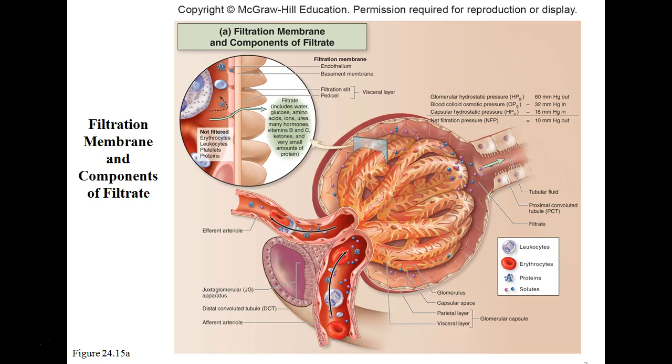So we're talking about net filtration pressure, and again there's that equation up in the upper right showing that net 10 millimeters gained. This blood pressure within the glomerulus pushes water out, and it also pushes some dissolved solutes out of the glomerulus, and that's going to give us a glomerular hydrostatic pressure, also summarized as HPG.